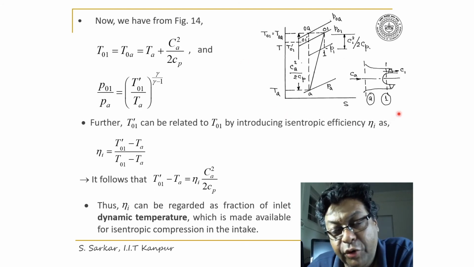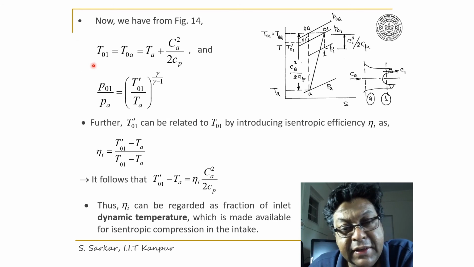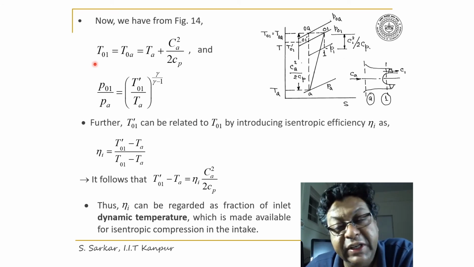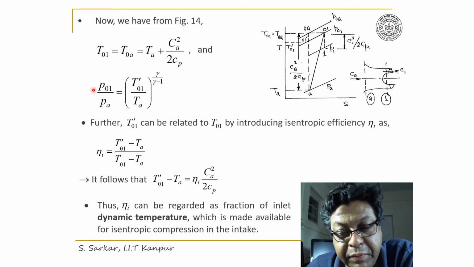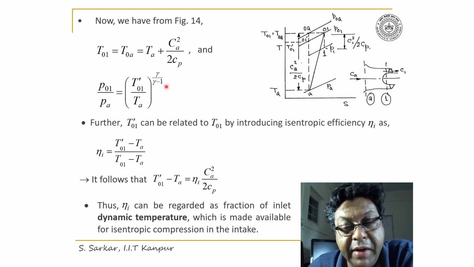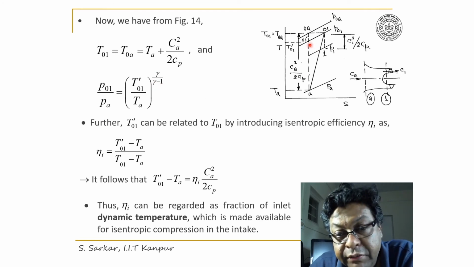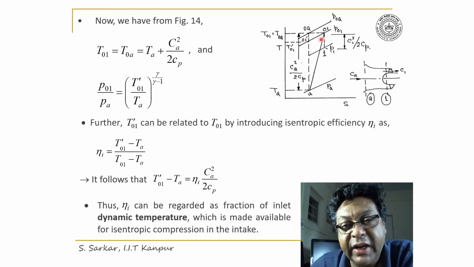After explanation of flow through the intake in the TS diagram, now I can establish the equation for the intake as T01 is equal to T0A is equal to TA plus CA squared divided by twice Cp, and P01 divided by PA is equal to T01 dash by TA to the power gamma divided by gamma minus 1, where 01 dash is the isentropic state point and 01 is the actual state point, that is, the actual condition after diffusion of air in the intake.